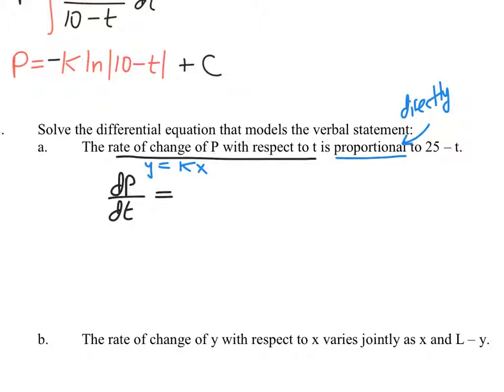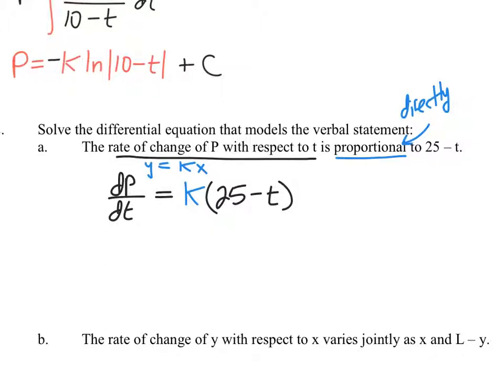K is the proportionality constant. I've been using that term a lot without ever really explaining what it was until today. Proportional to 25 minus t, so that's taking on the role of x. So you could see that dp dt equals k times 25 minus t is taking on the same form as y equals kx. Something equals a constant times something else in terms of a variable.